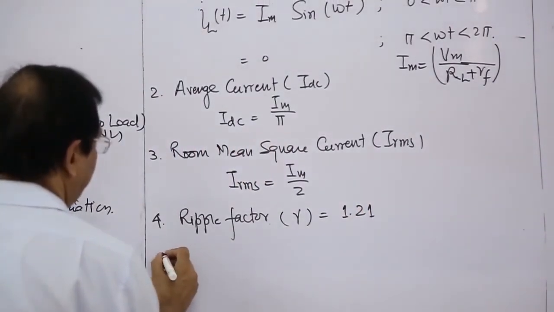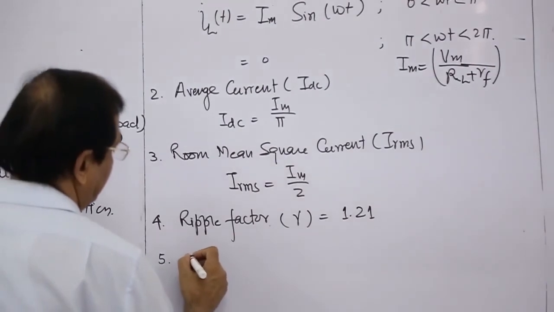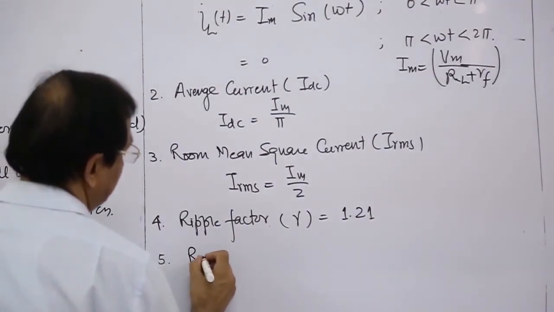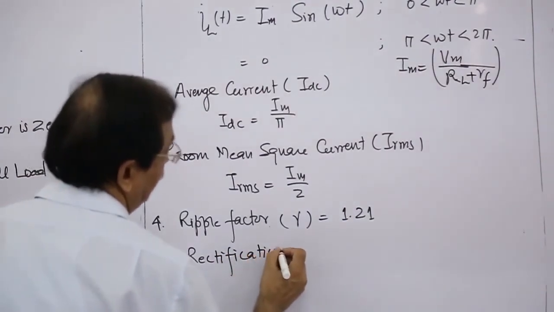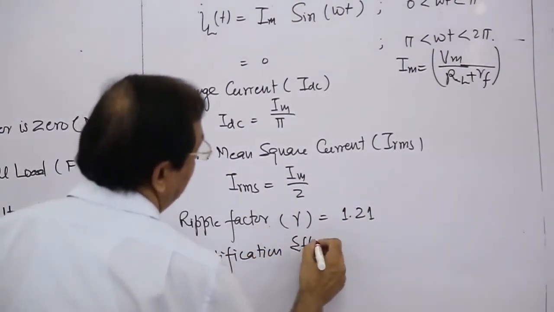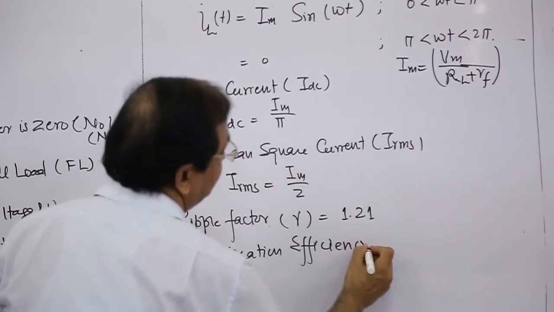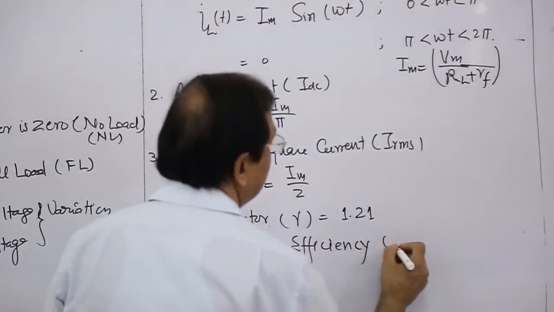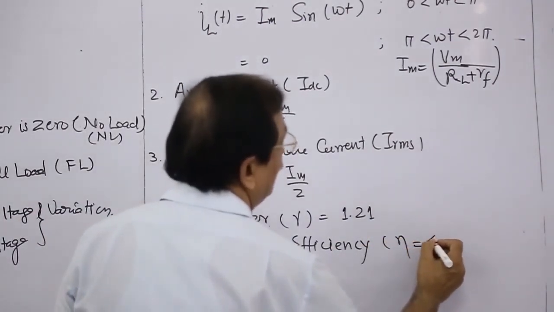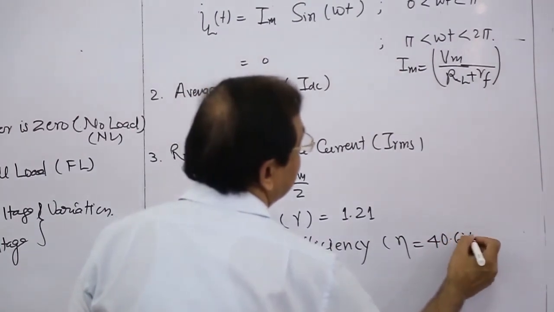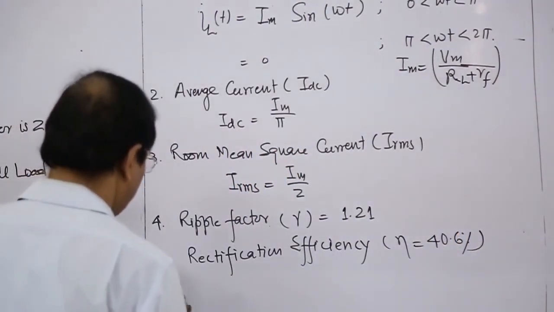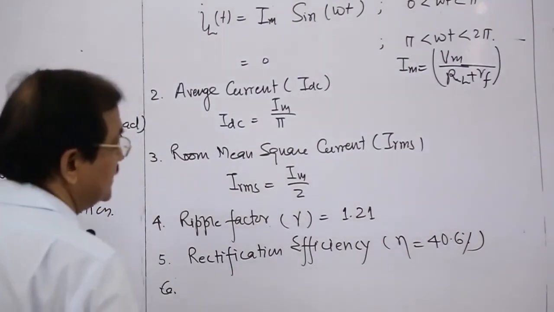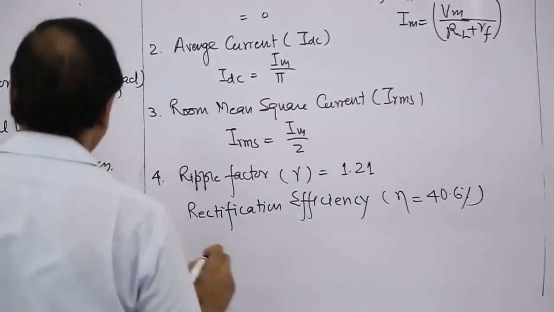Fifth is rectification efficiency, that is eta is 40.6%. Sixth is voltage regulation.